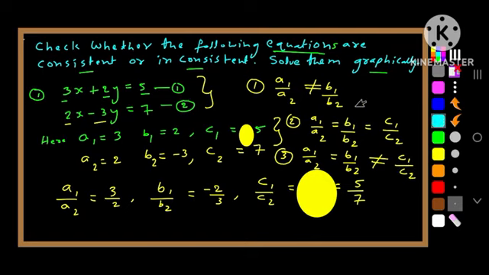So here you have to remember, if you are getting the ratio a1 by a2 is not equal to b1 by b2, then you'll have a unique solution, and that graph will be consistent.